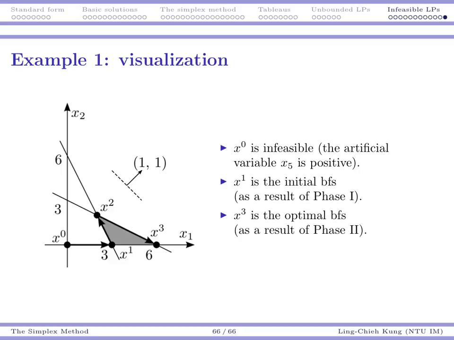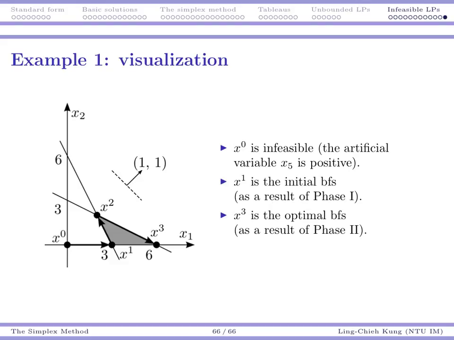Still, we always move along edges. After we get to phase 2, starting from our initial basic feasible solution, we move along edges to find an optimal solution. Here, all we are doing is adding phase 1 to move from an artificial feasible solution to the end of phase 1.